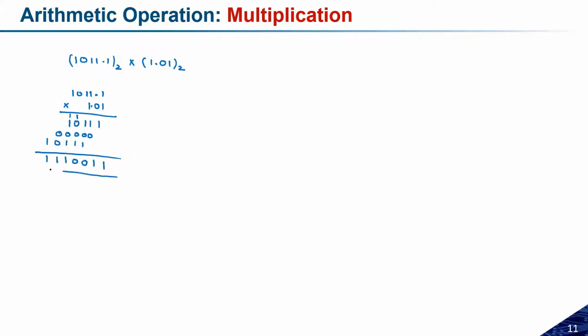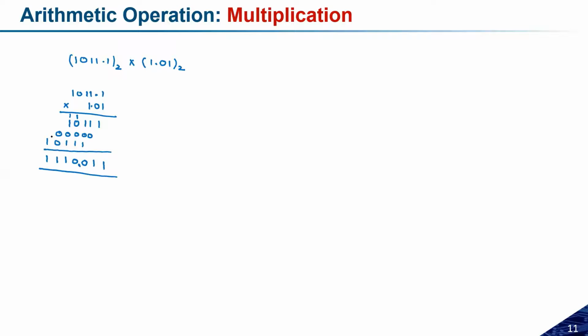So this is the number you will get. Then you have to count 1, 2 and 3 decimal points and put the decimal like this. Okay, so this is simply how you can do the multiplication operation in the binary number system.